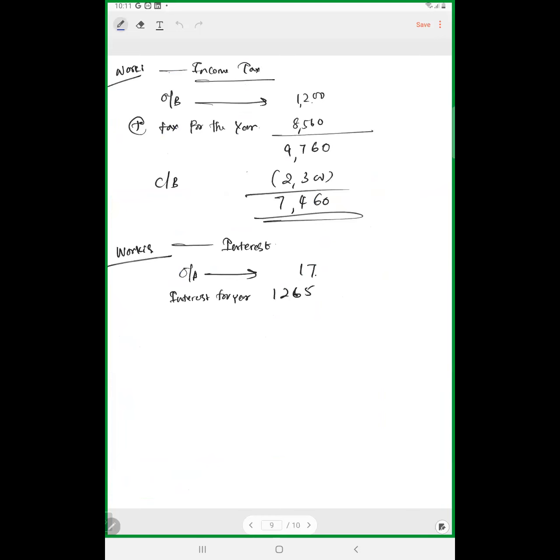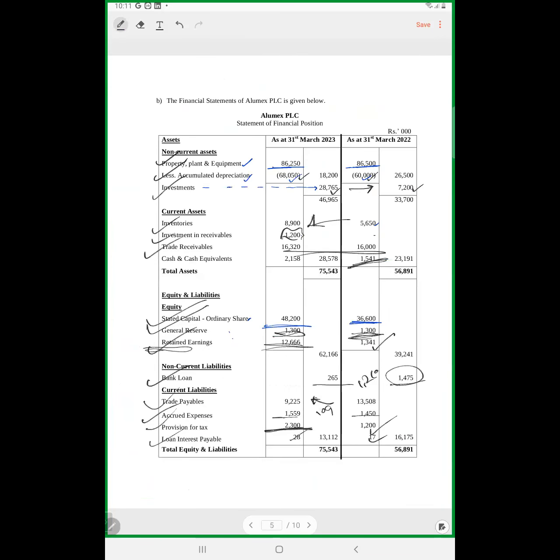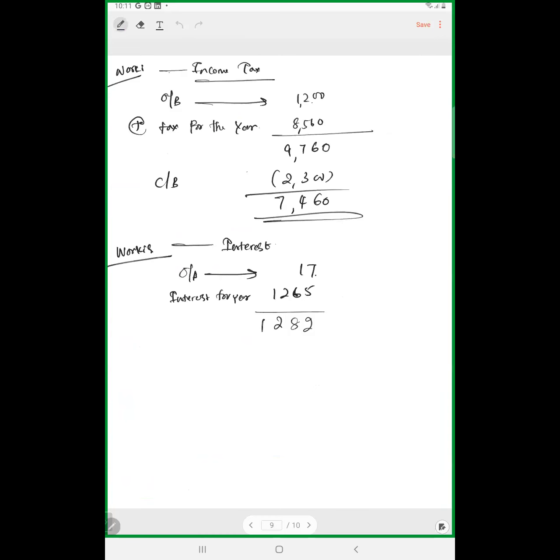So then ending balance. The altogether total interest payable is how much? 17 plus 1265 is 1282. So then ending balance how much? 28. Ending balance 28. So we need to deduct to find out the cash payment.